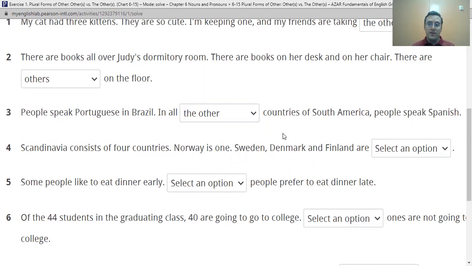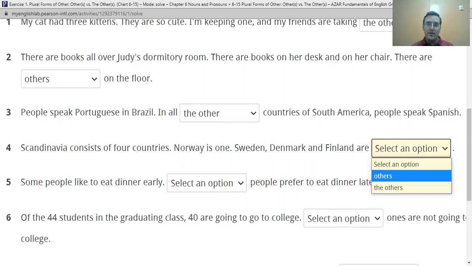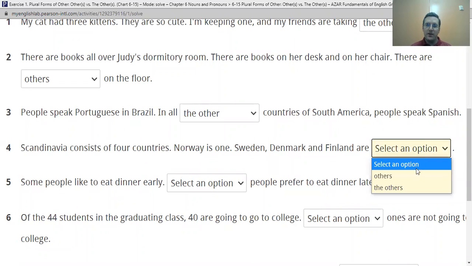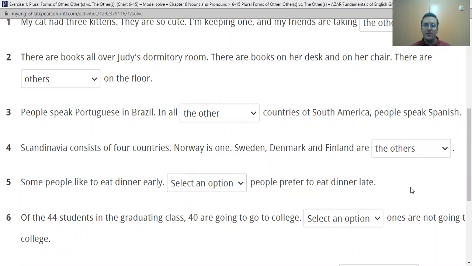Number 4, try it out. Others or the others? What do you think? Okay, so number 4, Scandinavia, Norway is one, Sweden, Denmark, and Finland are the others, because that's all 3 left.